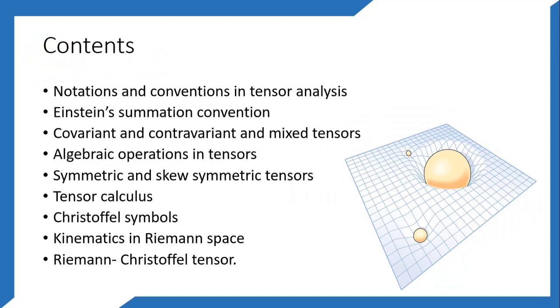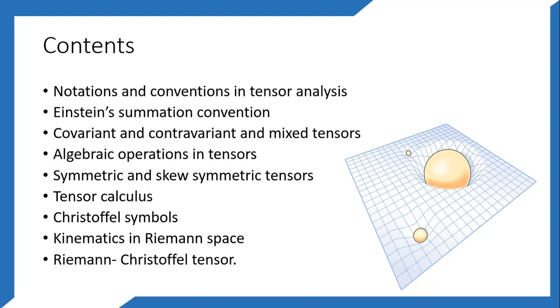In this module, you have to learn about notations and conventions which are used in tensor analysis. In summation convention, you will learn about covariant, contravariant and mixed tensors, and many algebraic operations which are done upon the tensors. Maybe you are familiar that tensors are mainly written in the form of matrices, so everything which applies to matrices actually applies to tensors also.